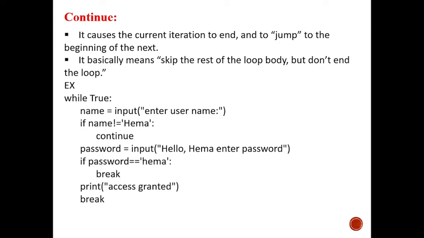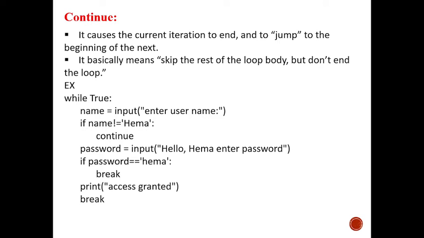Next comes the continue statement. The continue statement is a control statement that causes the loop to skip the remainder of its body and immediately retest the condition prior to reiterating.